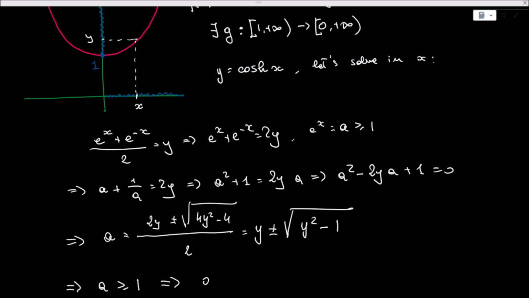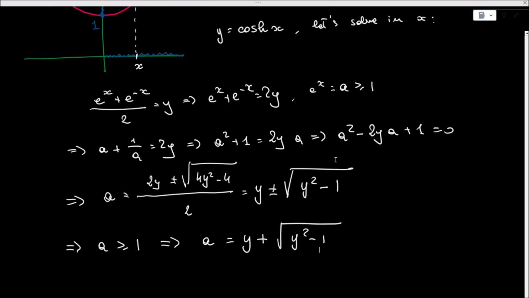So we can say that a is equal to y plus the square root of y squared minus 1, because clearly you see that the square root of y squared minus 1 is something less than y. So we wouldn't get a which is larger than 1, okay?